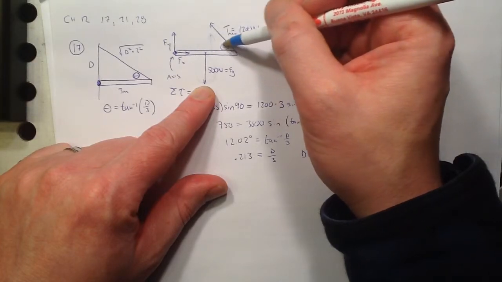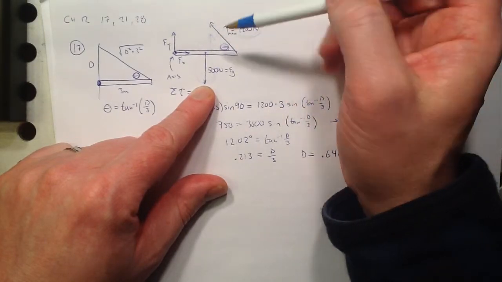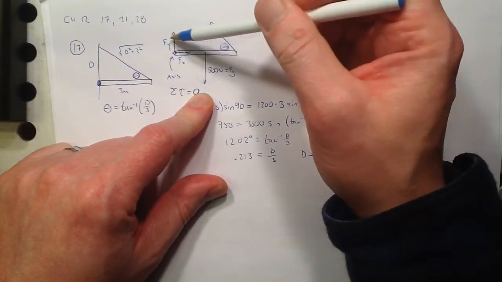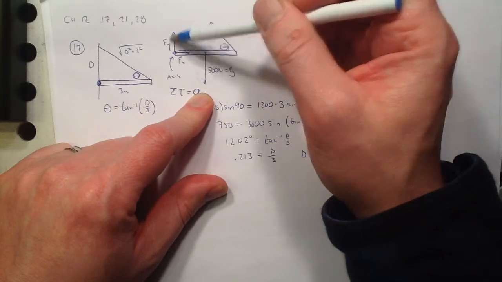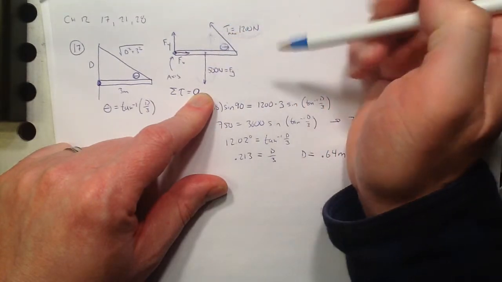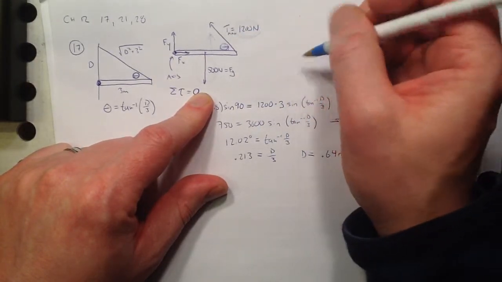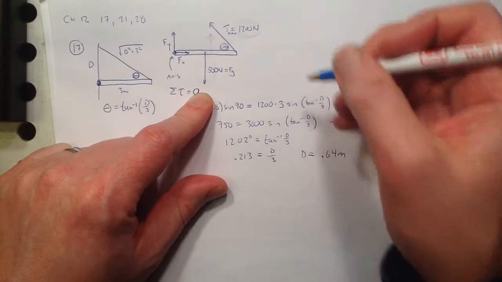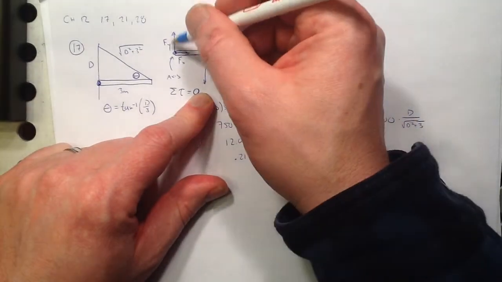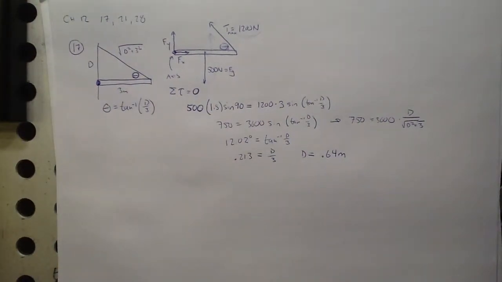If we increase this angle theta here, then we can increase this force and thereby decrease the tension. So we want to increase theta, and increasing theta is going to decrease the tension force here.